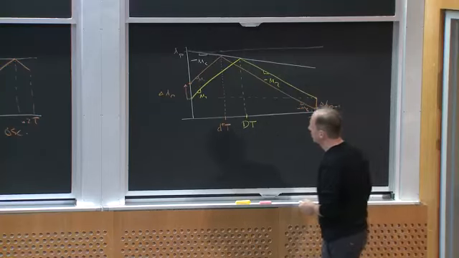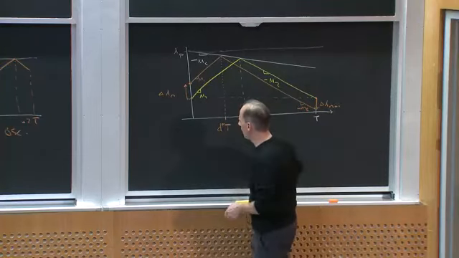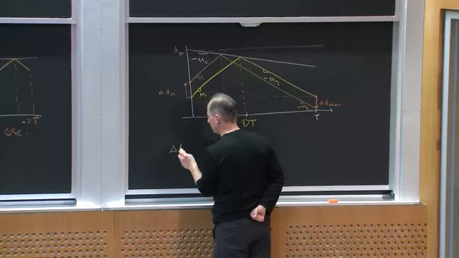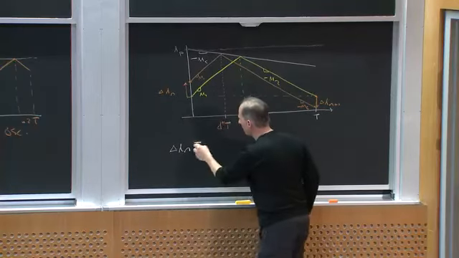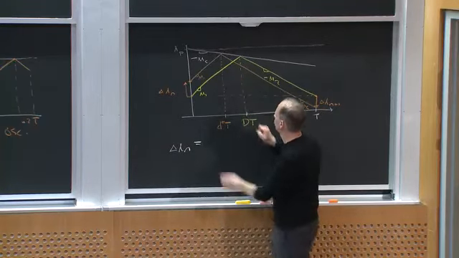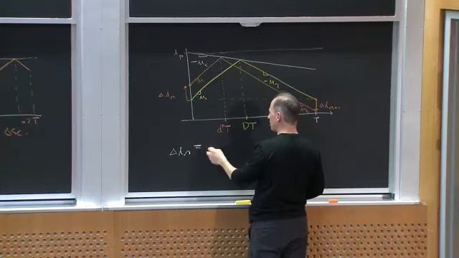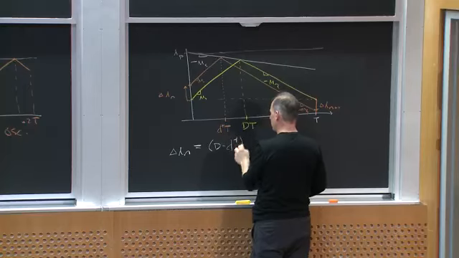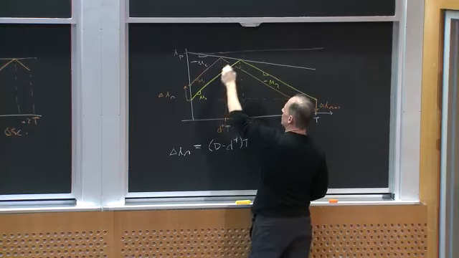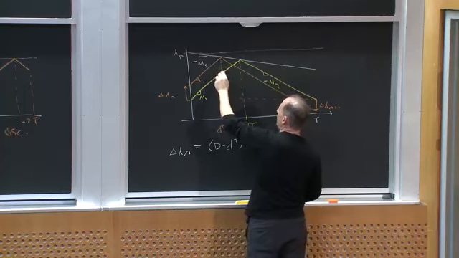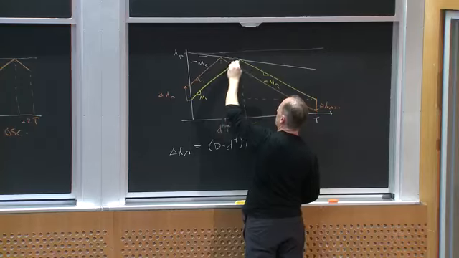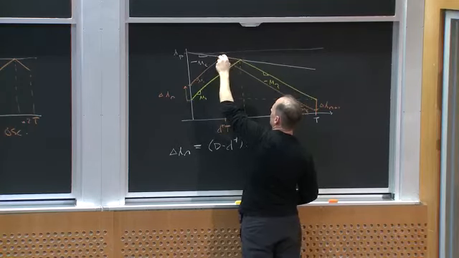Here's the idea. Let's quantify what delta I sub n is. I could write delta I sub n in terms of this time difference, D minus D star T, times, let's see, I go up slope M1 and then backwards, so up slope MC.